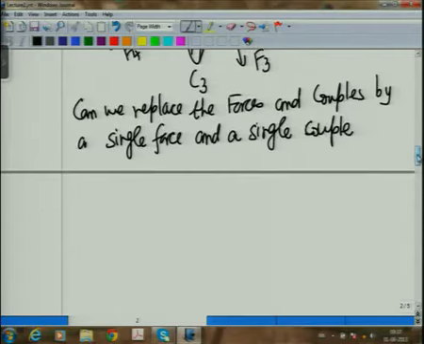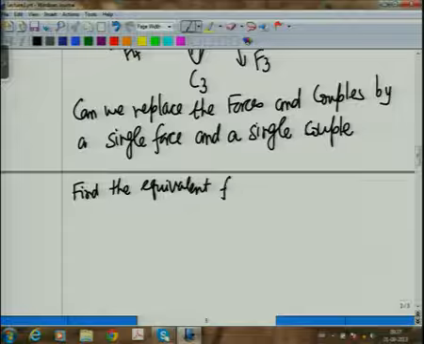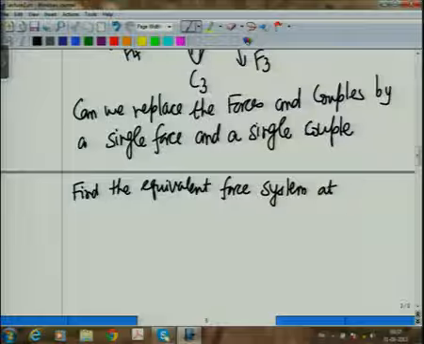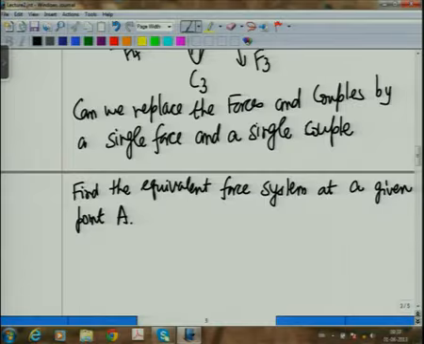Now, what we saw was that we find the equivalent force system at a given point A. So that means whenever we talk of an equivalent force system, we will also talk of where this equivalent force system is acting.